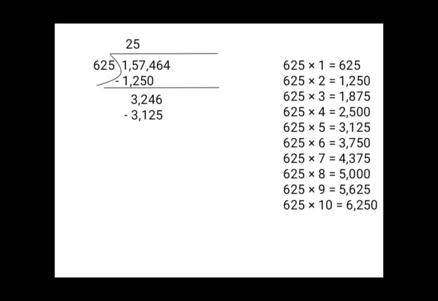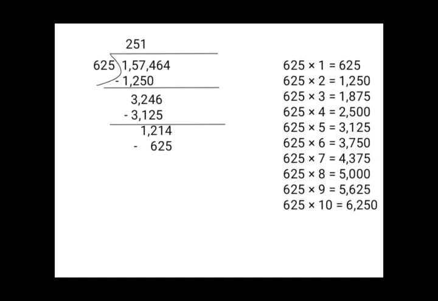The answer is 121. Then one digit you have to bring down, 4. 625 2s is getting greater. 1,250 is greater than 1,214. So you have to take 625 ones are 625.